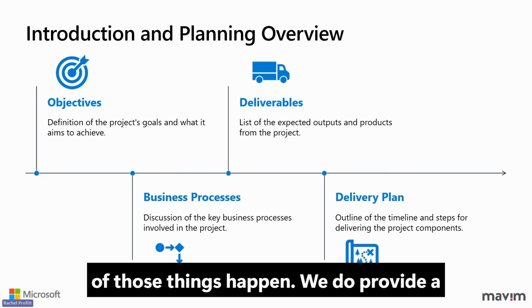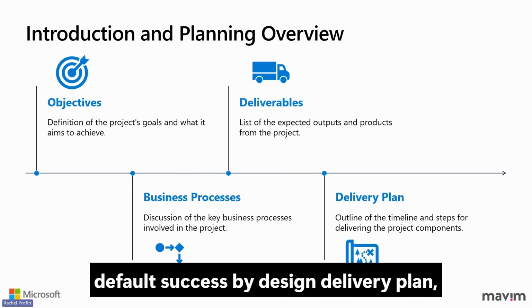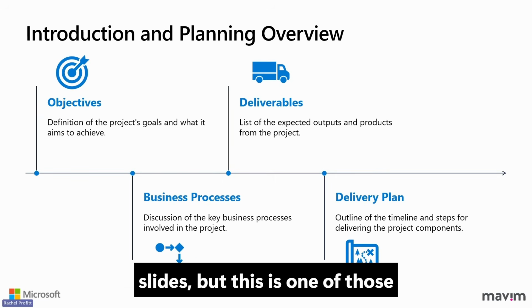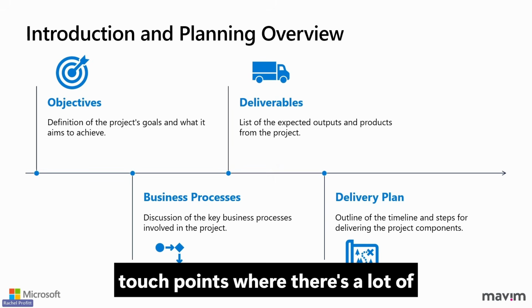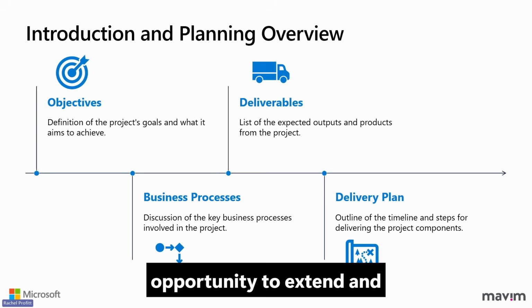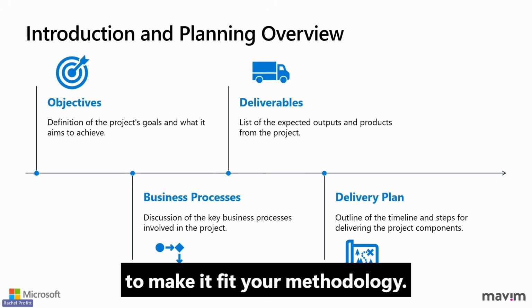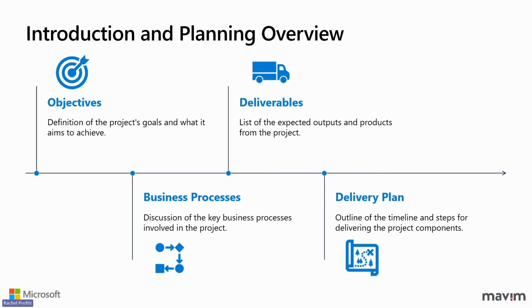We do provide a default Success by Design delivery plan, and I'll talk more about this in a few slides, but this is one of those touch points where there's a lot of opportunity to extend and modify and customize the catalog as a partner to make it fit your methodology.